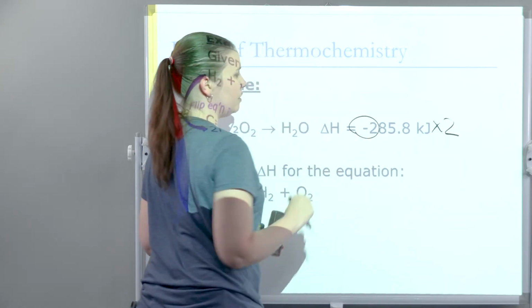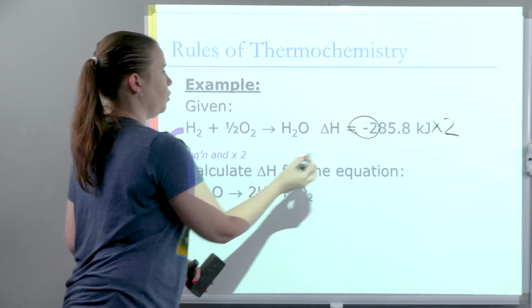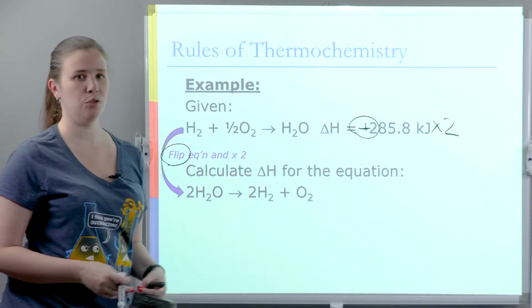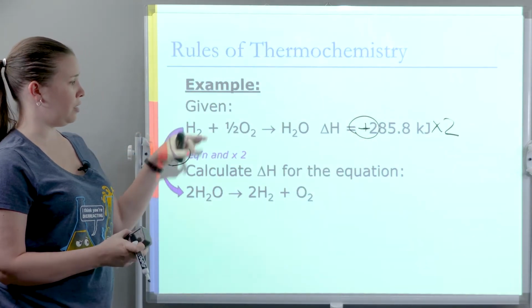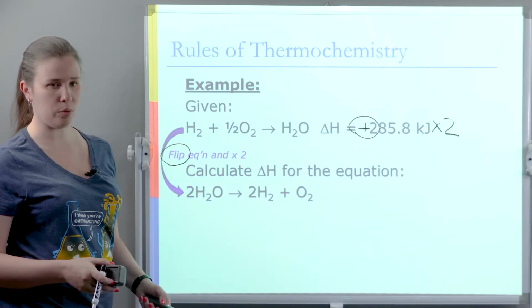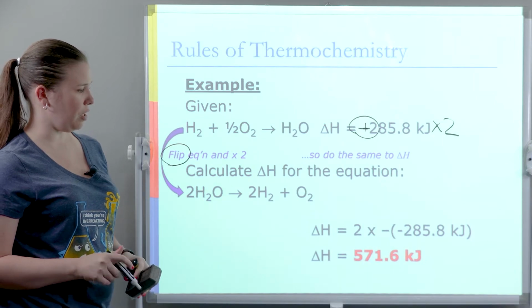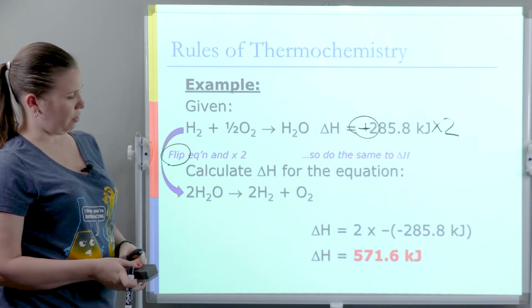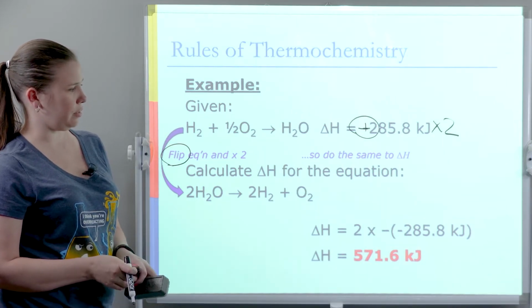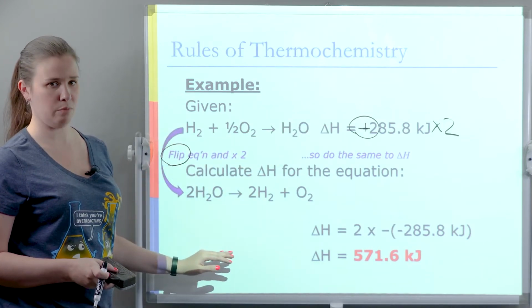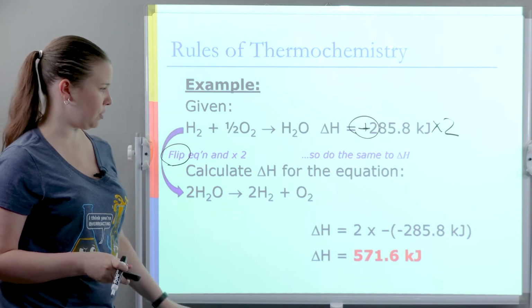And because I have it flipped, I'm going to flip the sign. So I'm going to have this positive 285.8 that doubles in order to make 1 whole mole of oxygen. So we're going to do the same to the delta H, and we get an enthalpy of a positive 571.6 kilojoules, because we've got the reverse reaction with twice as much reactants and products, twice as much stuff.